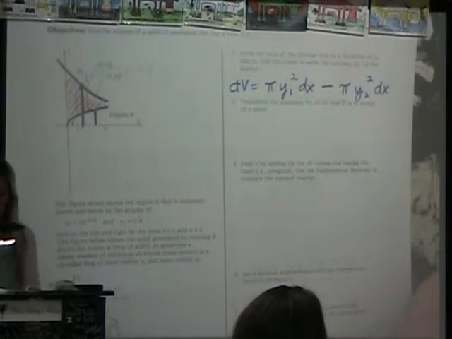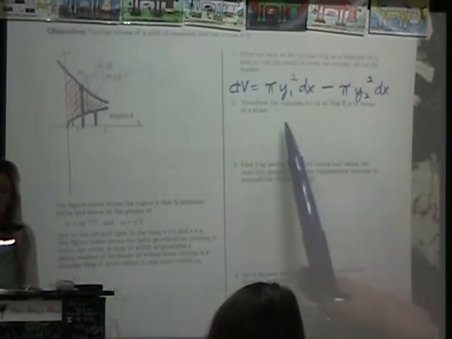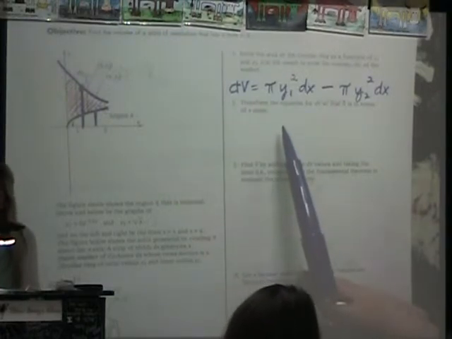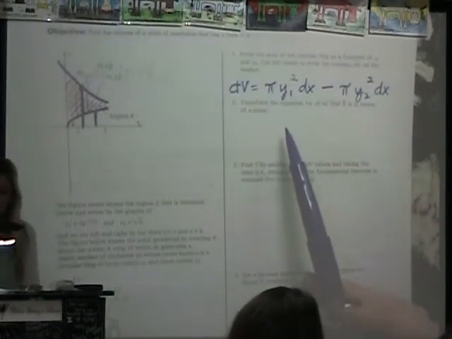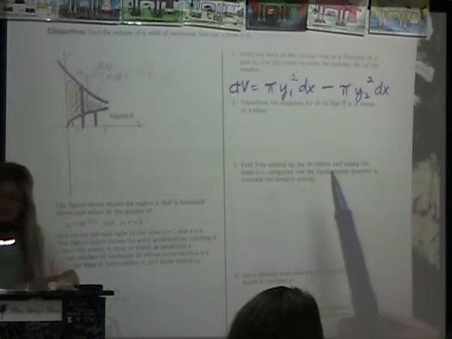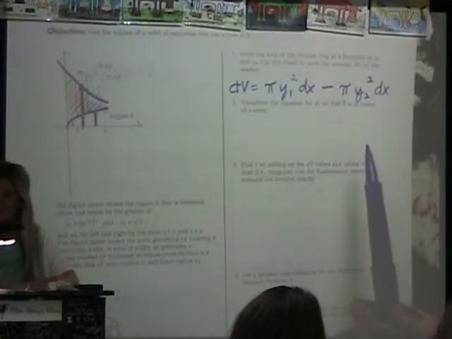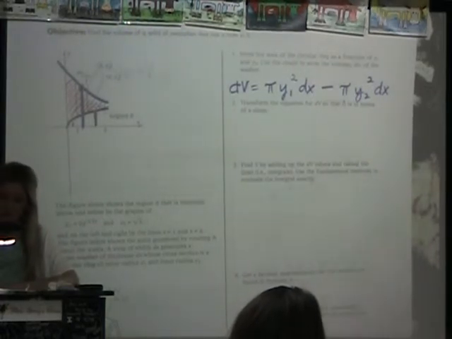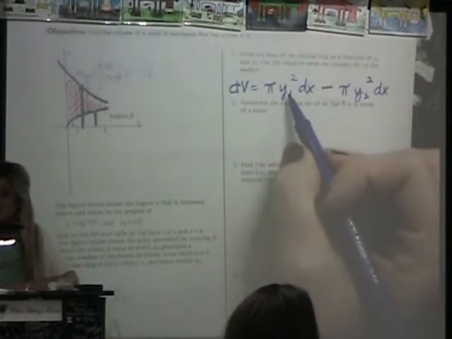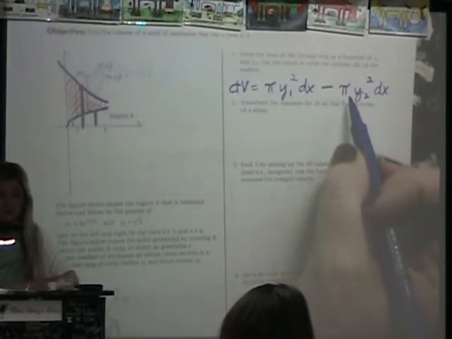x-axis. Now for part 2, it says transform that equation for dv so that it is in terms of x alone. Well, that's actually pretty easy in this case, because all we have to do is sub in our equations for y sub 1 and y sub 2.